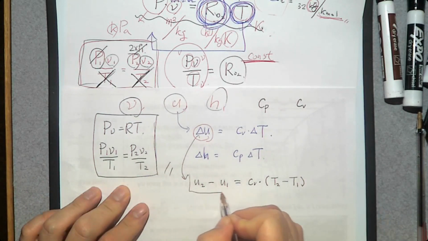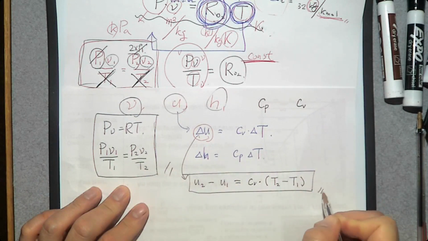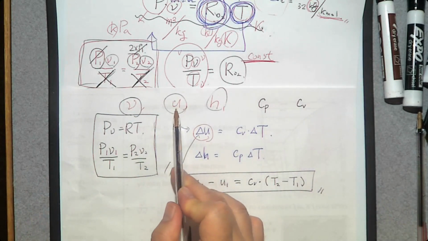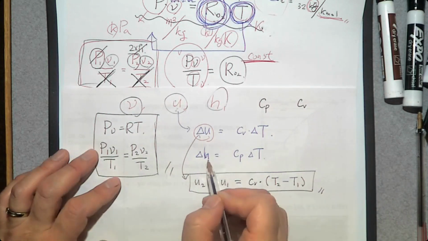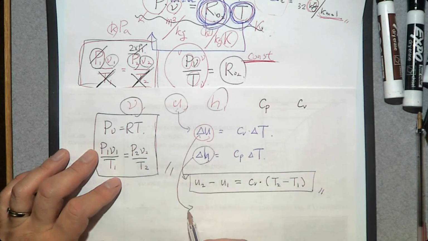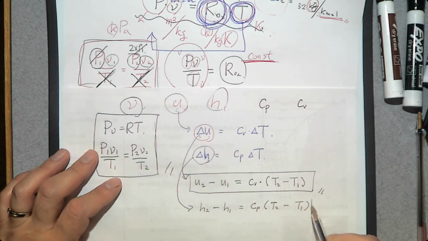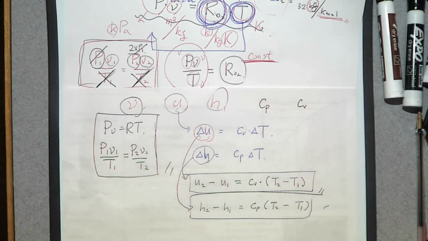So this is how we determine the change in specific internal energy U. Similarly, now you get the idea how to determine delta H. H2 minus H1 is CP times T2 minus T1. So these are the equations you can use to evaluate a property of pure materials that don't undergo phase change. Okay.